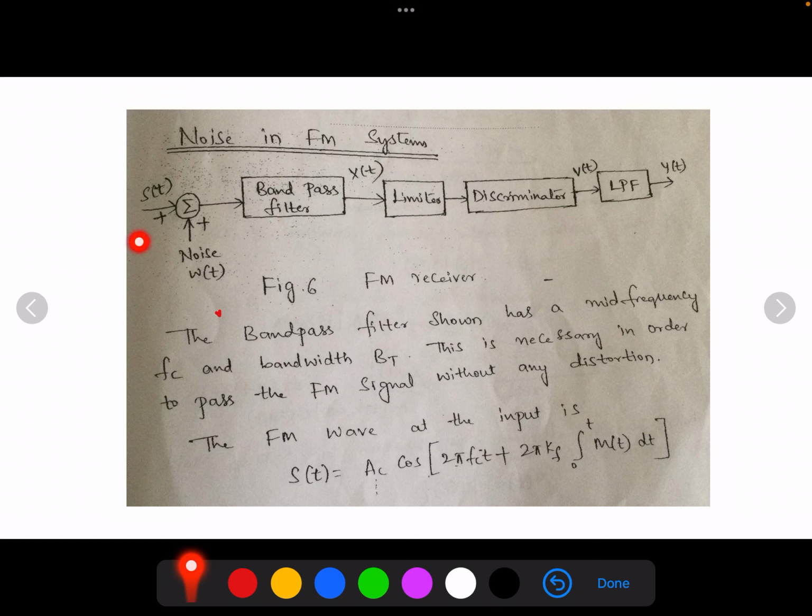is transmitted by the variation of the instantaneous frequency of a sinusoidal carrier signal, and its amplitude is maintained constant. Therefore, any variation of the carrier amplitude at the receiver input must result from the noise or any interference. So we'll use an amplitude limiter following the band pass filter in the receiver model here.